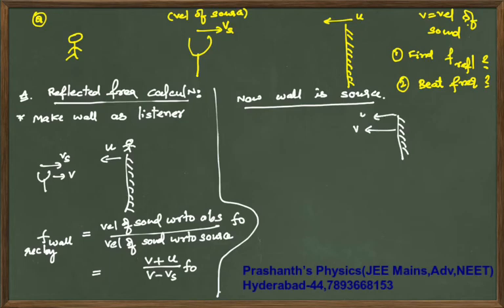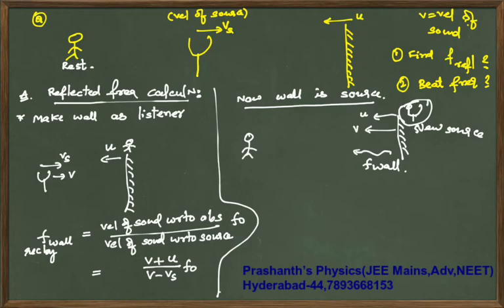It is moving with speed u. So indirectly this is your new source, and it is producing a frequency of f wall. Your original listener is at rest, as given in the question.